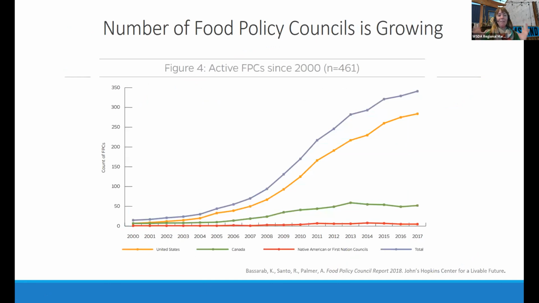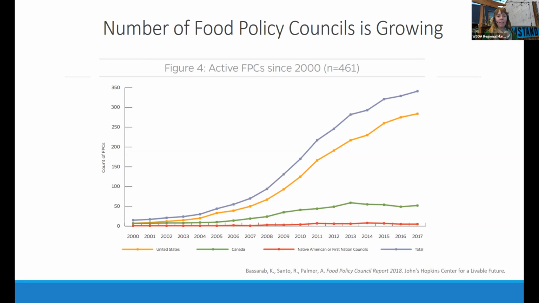This kind of way of thinking is exactly why food policy councils or food policy networks have been forming. These have been an idea in North America for probably 40 years, and they've had various spurts in growth and popularity at different points. But since the 2010s, there's been a huge growth in the number of food policy entities in North America.